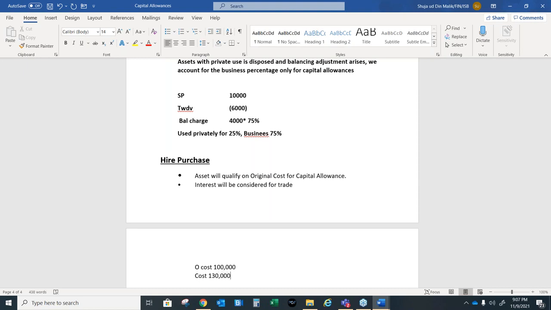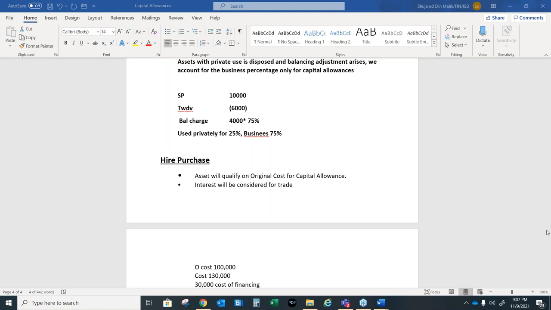What do we call the difference between 100,000 and 130,000? This 30,000 is mainly the cost of financing. So what is the treatment of the cost of financing in tax adjusted trading profit? Anyone who wishes to answer?